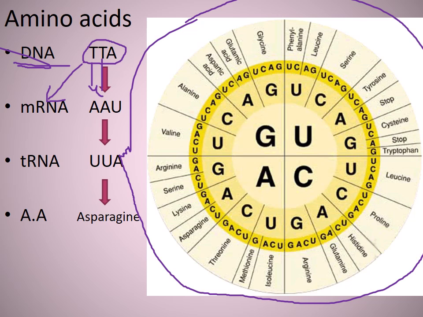Again, we see T, so the complementary base pair would be A. Here at the end, we see an A, and this is important because it's not T in the mRNA. Remember, RNA does not have thymine as a nitrogenous base. It only has uracil. Uracil takes the place of our thymine here in mRNA.